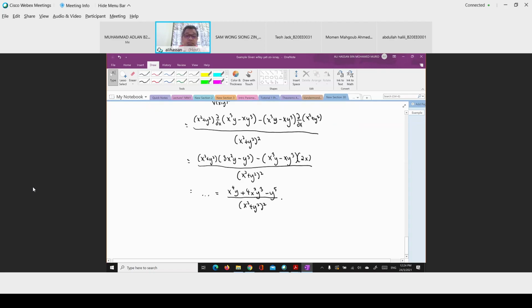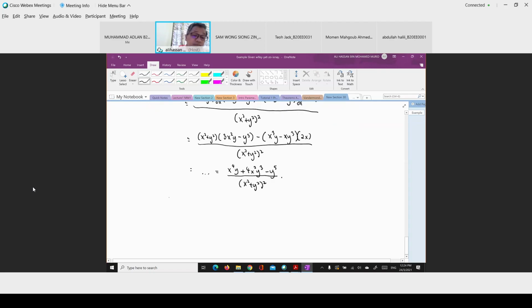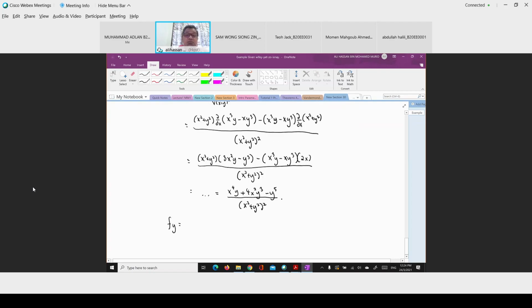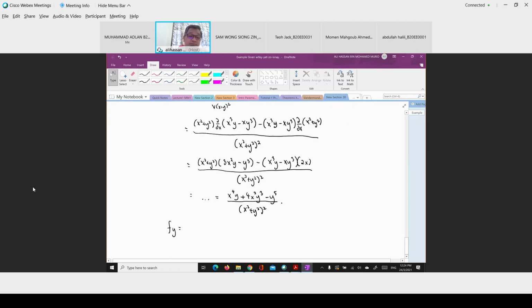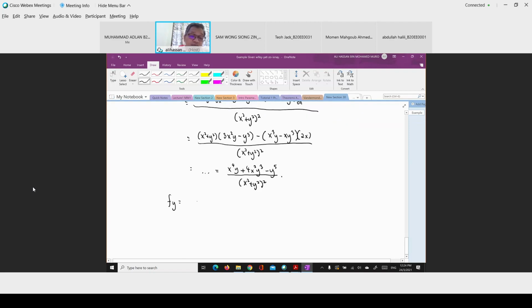Okay, so similarly, one can also determine f partial y. We use the same quotient rule, but this time we use derivative with respect to y. It is v u partial y minus u times v partial y divided by x squared plus y squared squared.